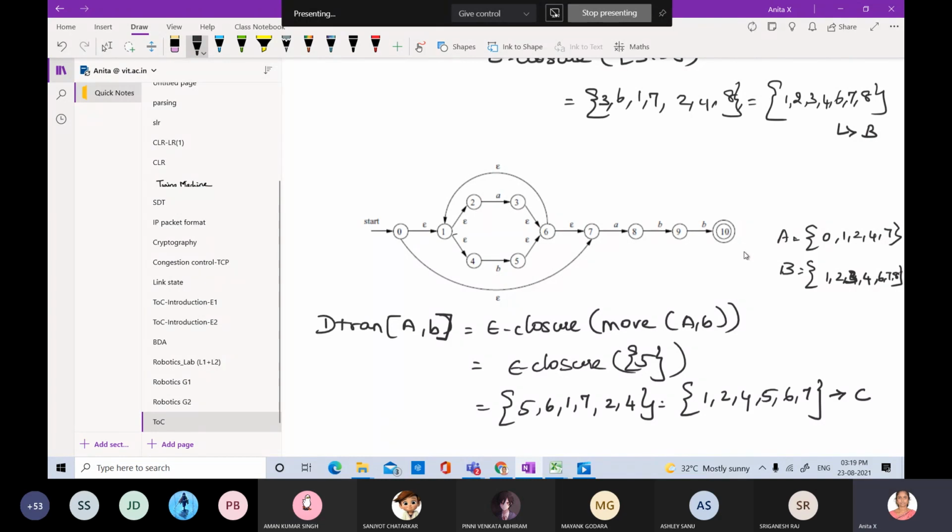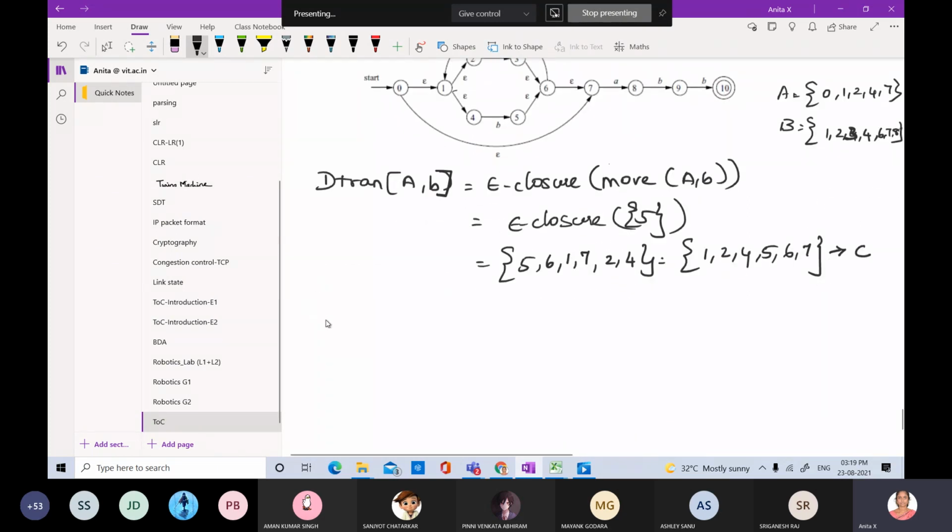Here, please make a note. With the epsilon closure of the start state, we have found the start state of the DFA. In order to proceed further, we constructed Dtran of the start state on each and every input symbol. We have proceeded with the Dtran of A comma A, for which we had the transition to state B, and Dtran of A comma B, for which we had the transition to state C. Now I have to again locate the marks B and C. So what should I do?